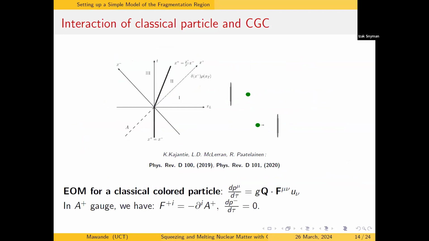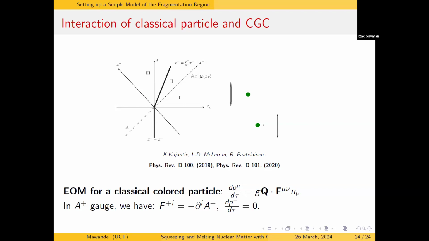We're doing classical mechanics with a twist, because it's classical physics with the Yang-Mills fields, right? So over here you have the equivalent of the Lorentz force law of this object that's hit by a sheet of color glass, and this Q here represents the color charge.